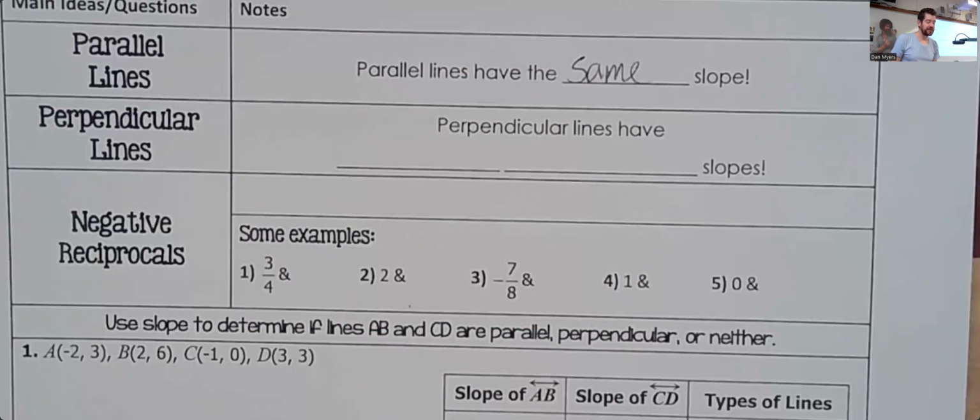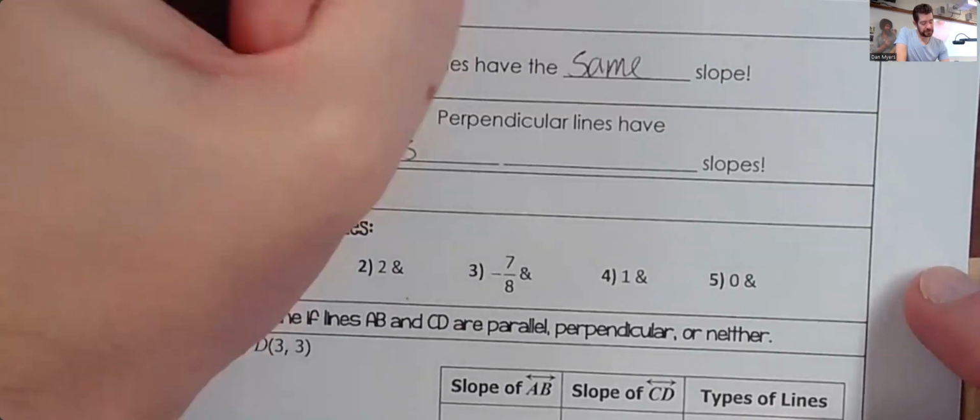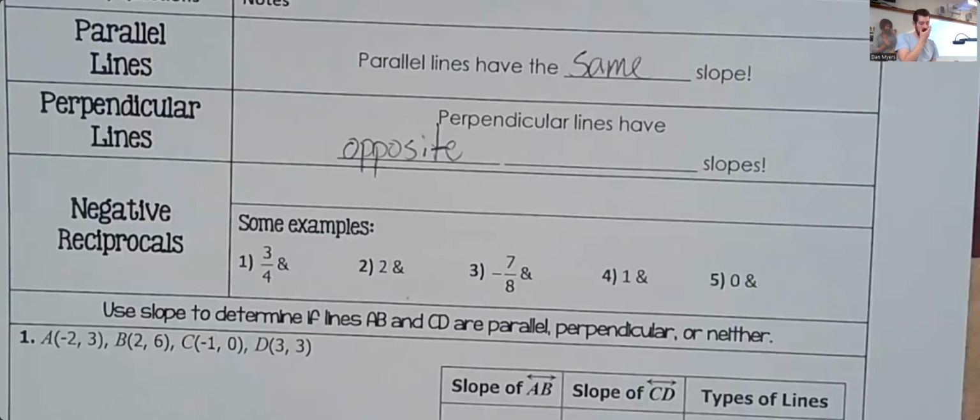Next one says perpendicular lines have blank blank slopes. There are two words here. If anybody remembers those two words, that would be kind of awesome. What's that? Opposite is one of the words. It's the first word. But the word equal kind of implies parallel.